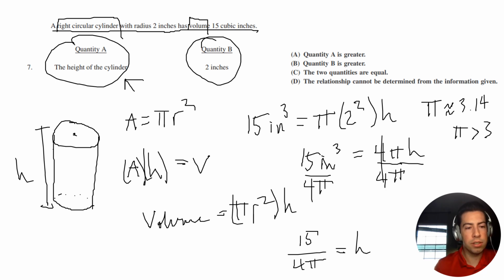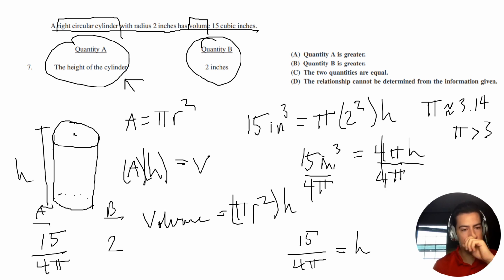Now, here's the question. 15 divided by 4 pi is our quantity A, and our quantity B is 2. So how are these related? I just remembered, you'll have a calculator, so I don't know why I'm trying to estimate here. But we know that 4 pi is approximately 12.